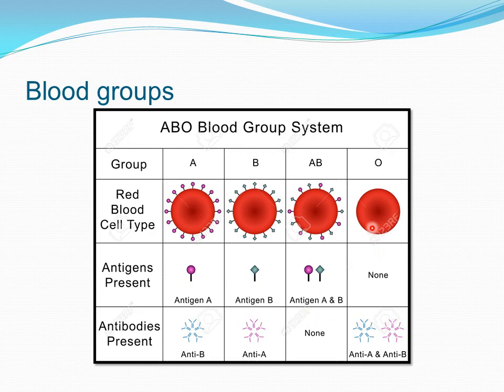When we come to blood group O, there are no antigens present on the surface, so antigens are none, and the antibodies present are anti-A and anti-B, that is, both A and B antibodies are present. So have a clear idea about these blood groups and the antigens and antibodies present. Then it will be very clear for the next slide, on blood transfusion. Let us move on to that.